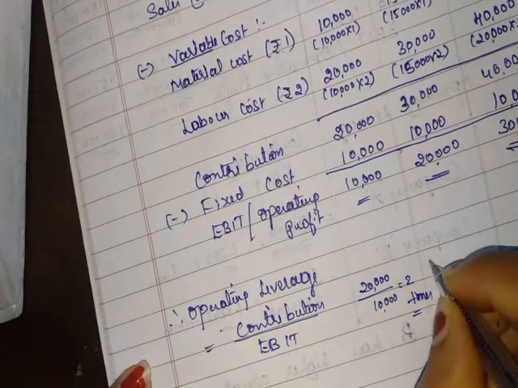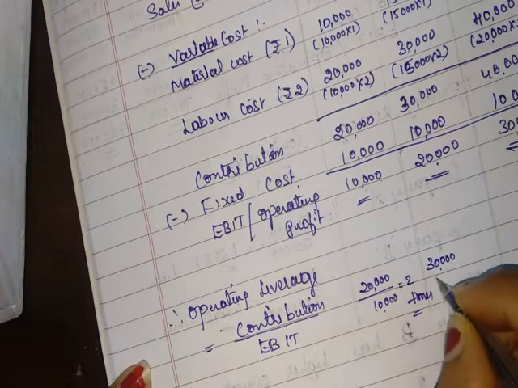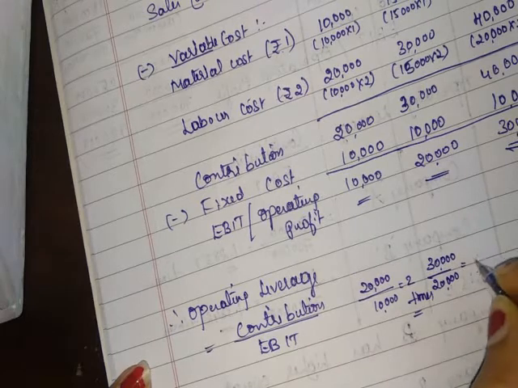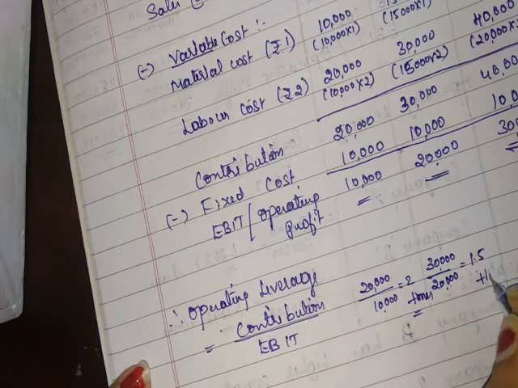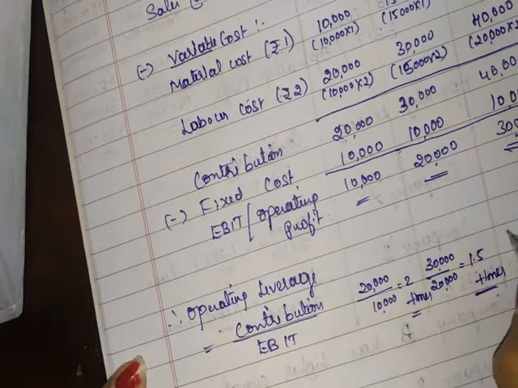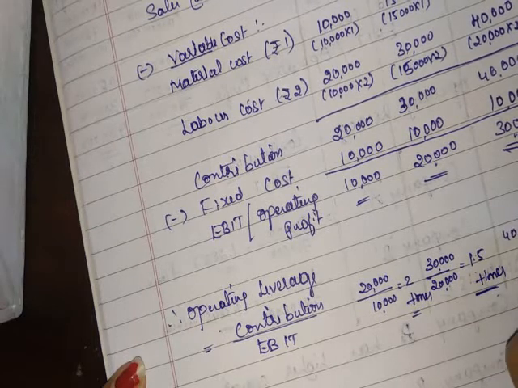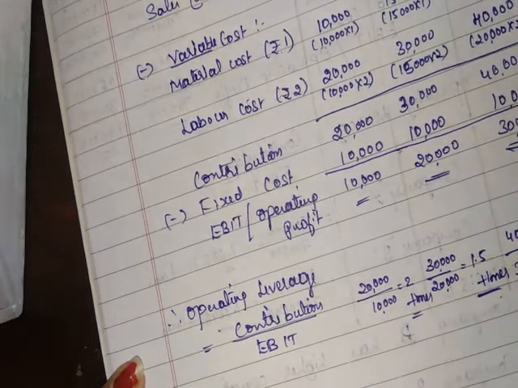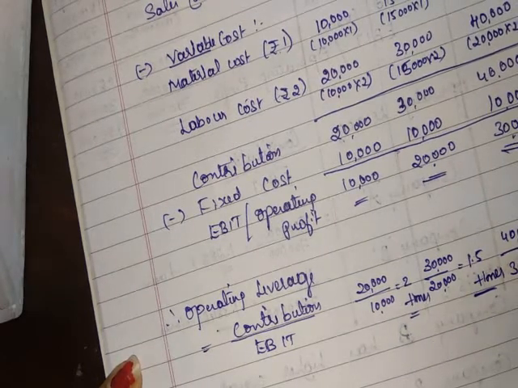Then 30,000 divided by 20,000, operating leverage is 1.5 times. Then 40,000 divided by 30,000 is 1.33 times.